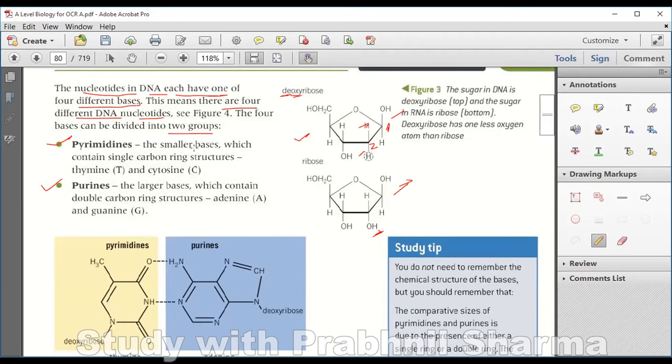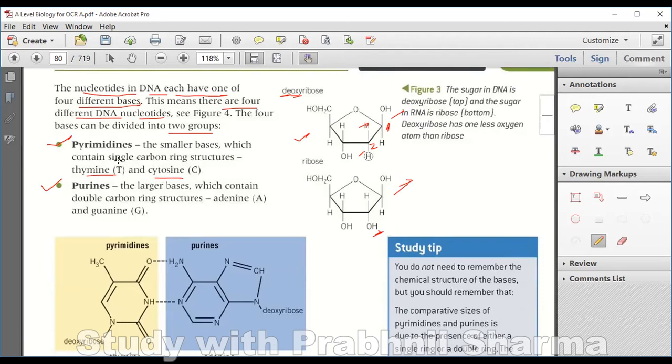Pyrimidines are the smaller bases which contain a single ring structure, that is thymine and cytosine, that is T and C. Clear?